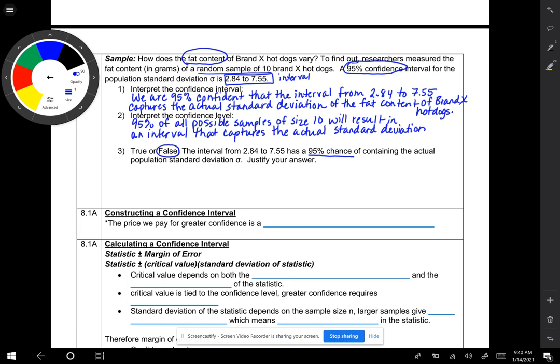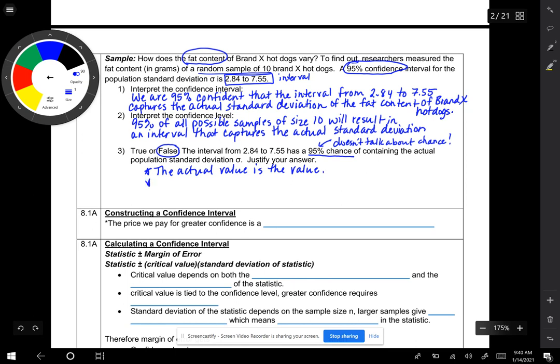It's either going to capture it or it's not. The actual value is the value. It captures it or it doesn't. The probability is 1 or 0. 95% of the intervals will capture it.